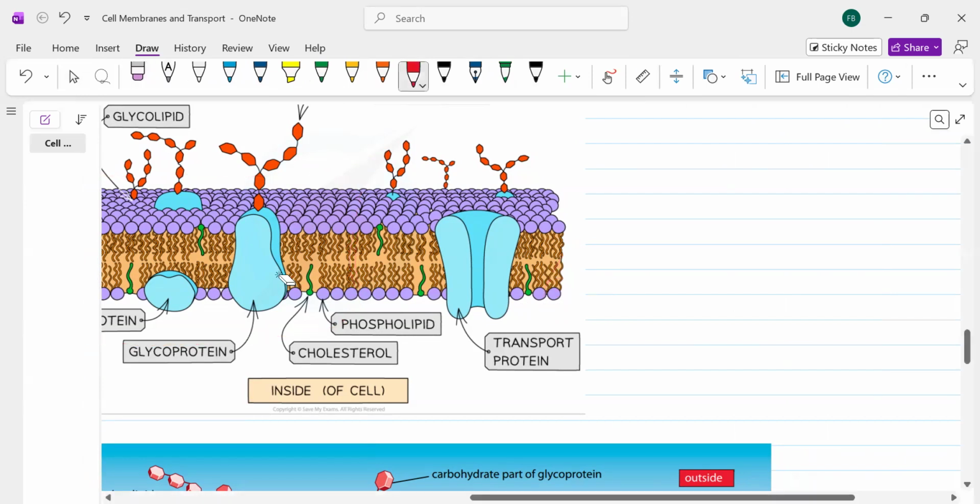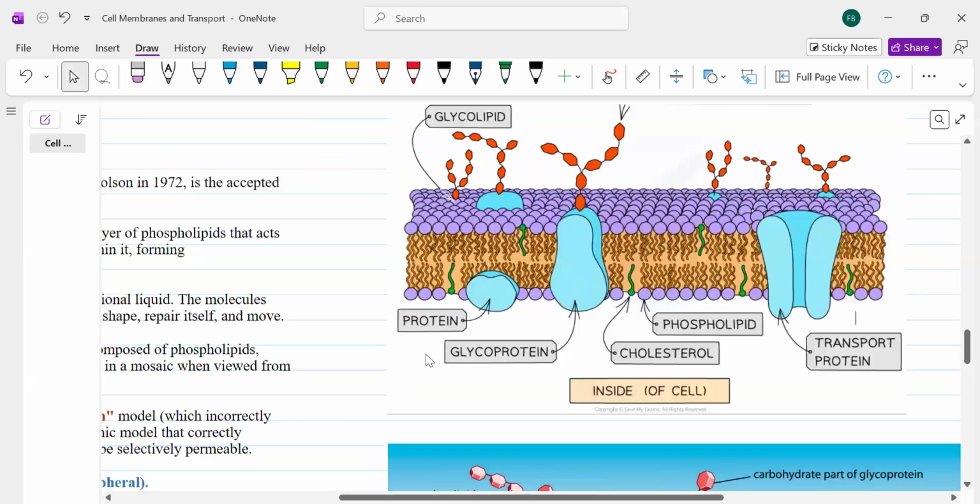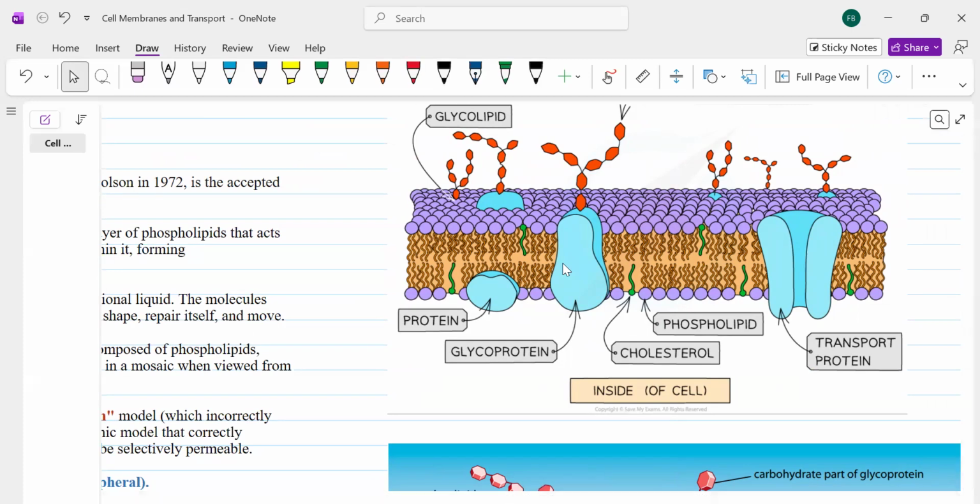So the first step is the synthesis of what? The components. And what are those components? Can you recall the components of the cell membrane? Glycerol, fatty acid, phosphate chain. The most important thing is the phospholipid bilayer.